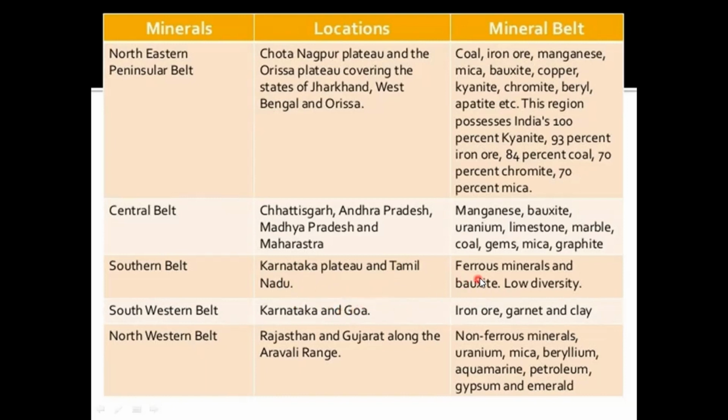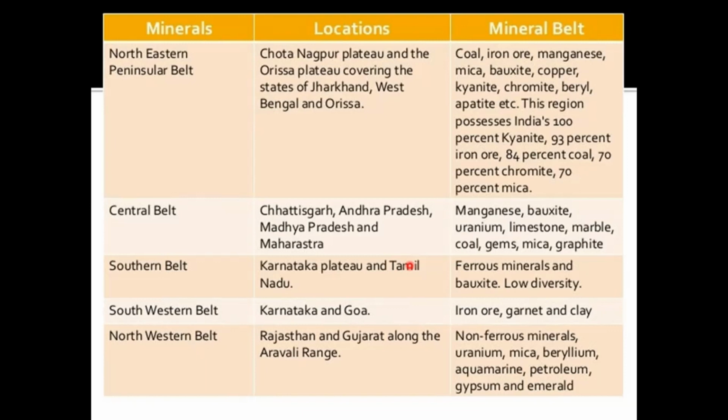Here we mainly find ferrous minerals and bauxite. Low diversity is there. Iron ore, garnet, and clay are also found in these regions. This belt also contains high grade iron ore, manganese, and limestone, and it lacks coal deposits except the Neyveli coalfield.